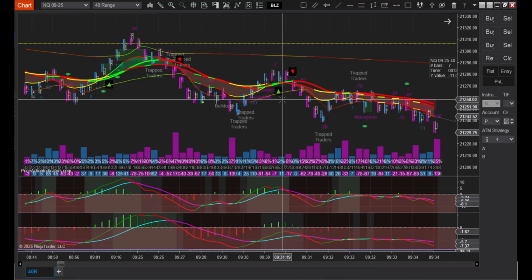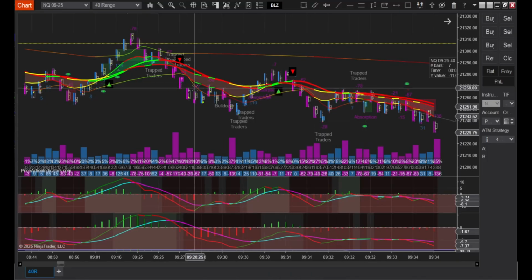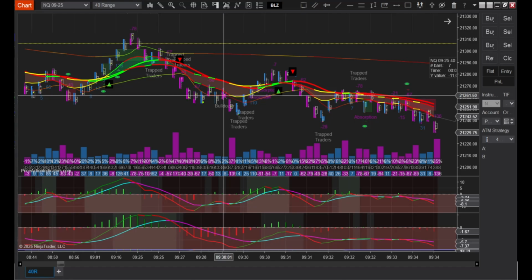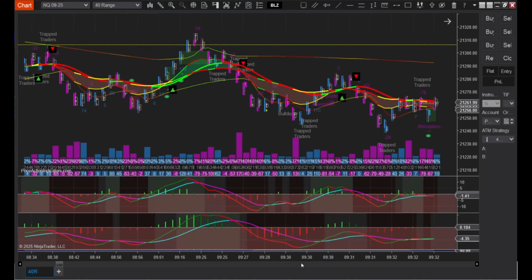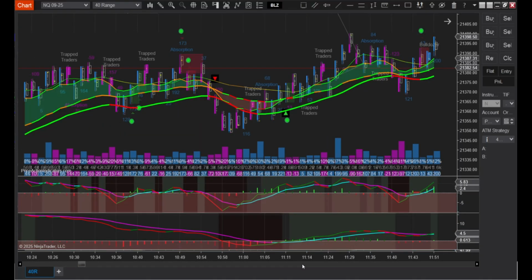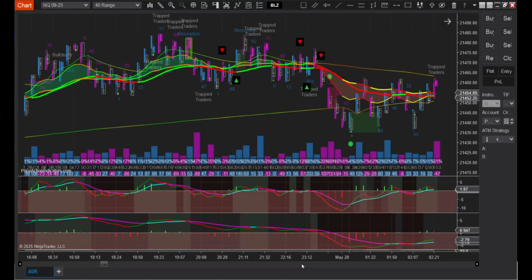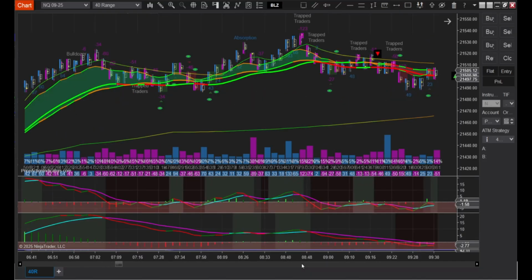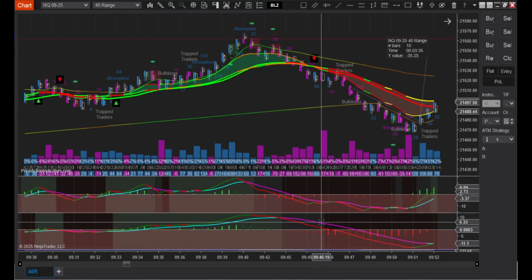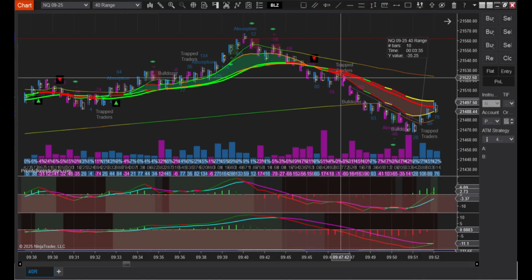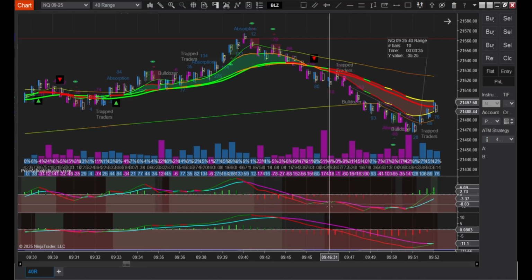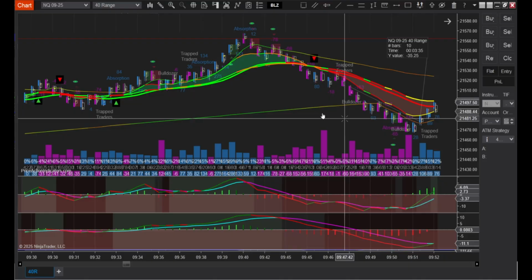And it goes. All right. Now, remember, you always want to try to look for the best setups that you could get. And the best things I've seen was when the MACD crosses 0 and if we get a pullback and it goes.